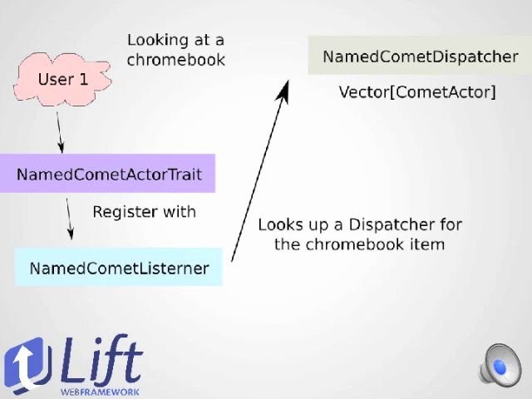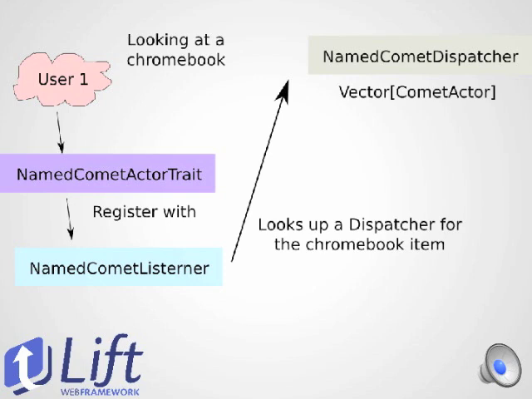As soon as it receives a message from a Comet actor saying, okay, this user is looking at a Chromebook and I want to register, then the name Comet Listener will either create or add. In the first case, it will create a dispatcher, which is actually a Lift actor, and this Lift actor will only know about the Comet actors that are looking at this specific Chromebook item.